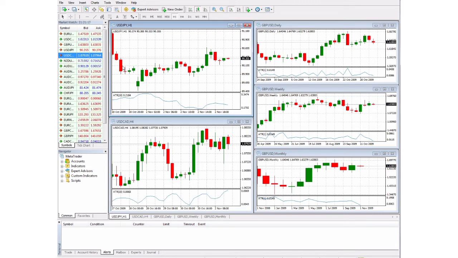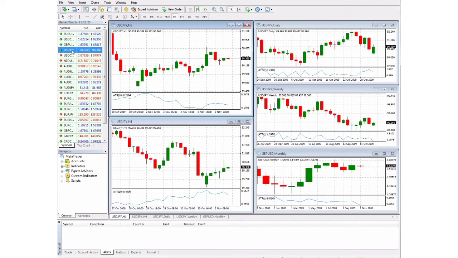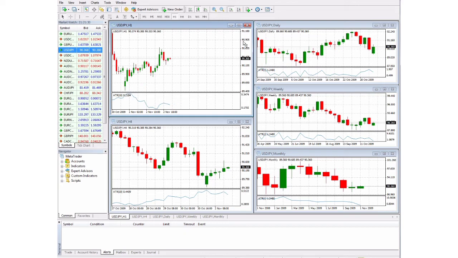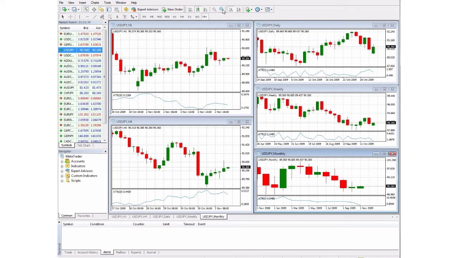Sorry, wrong one. No problem. If you put the wrong thing in there, just put it in here. Whatever you pop over the top of it, it replaces the previous currency pair anyway. It's pretty neat, huh? Yeah, I love the way this works too. So, okay. So there we have it.